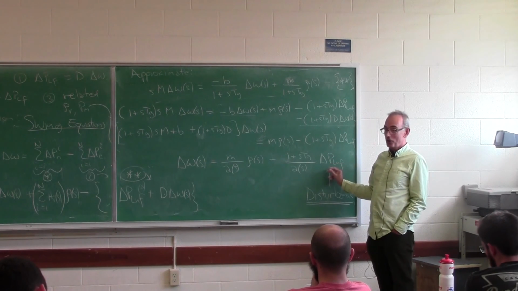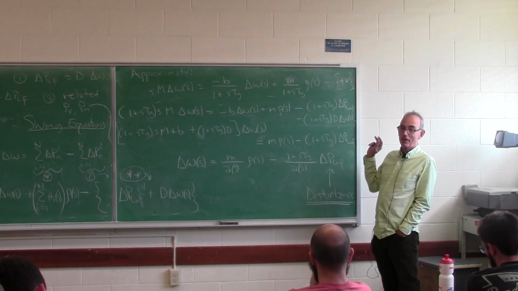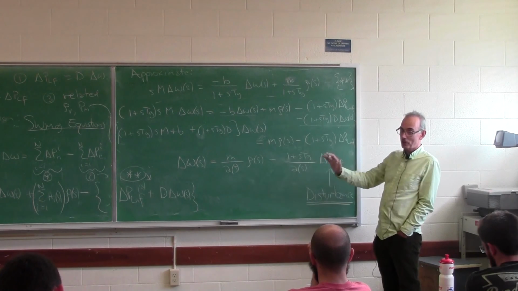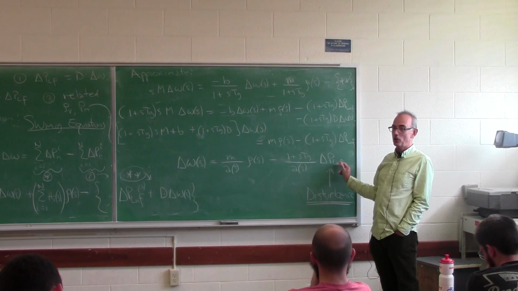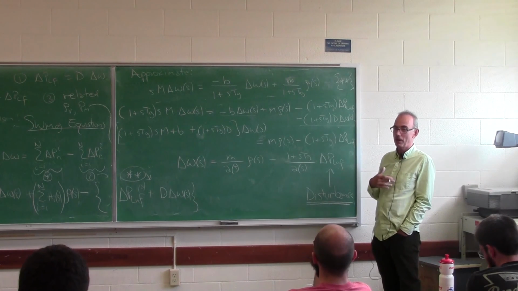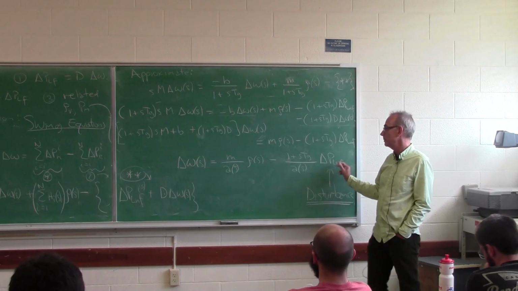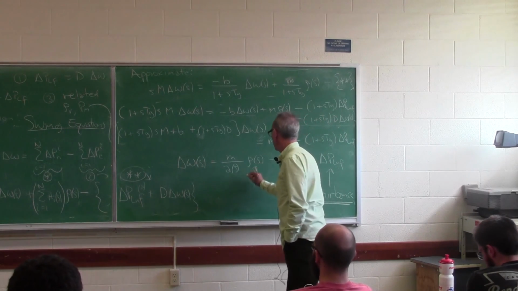Again, I wrote load, but this could be because of the clouds. There's some shock to generation as well as load. Anything that's a shock to load, from generation or from supply, is going to be here. So that's a disturbance.